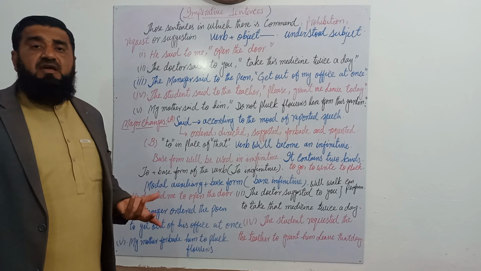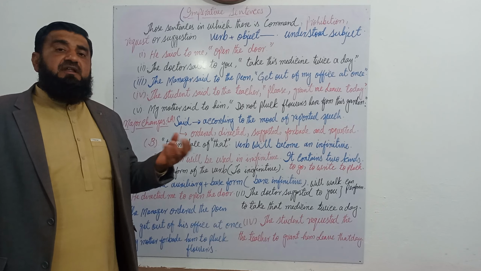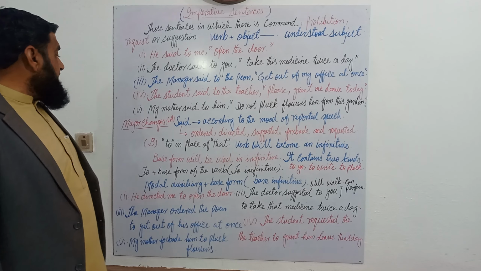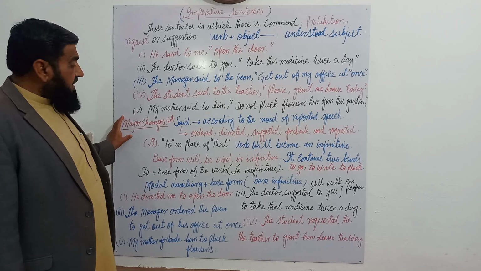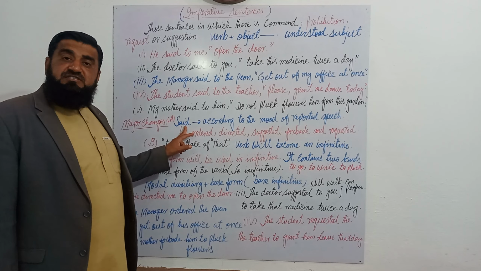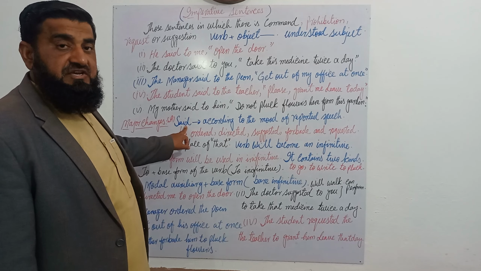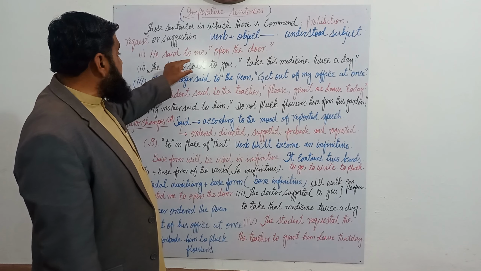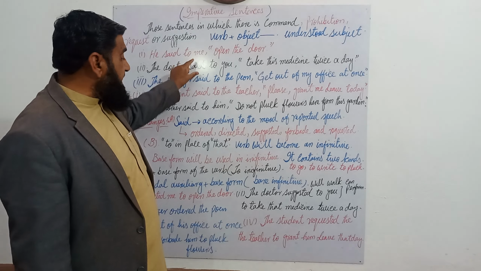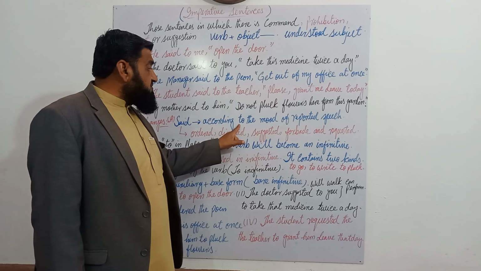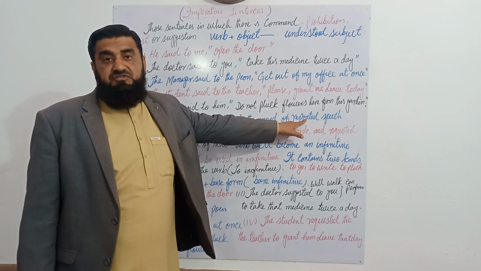How will we change an imperative sentence from direct into indirect narration? So, major changes. First of all, the change within said. How will we change said within imperative sentences? According to the mood of the reported speech.